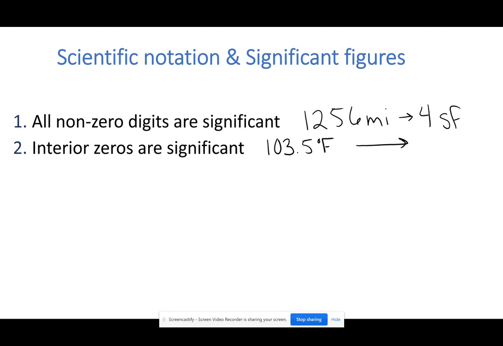Looking at that number, I see a 0, and sometimes those can be tricky, but I see that the 0 is smack in the middle of the number. So how many significant digits are in this number? There are also 4: the 1, the 0, the 3, and the 5. So again, 4 sig figs.